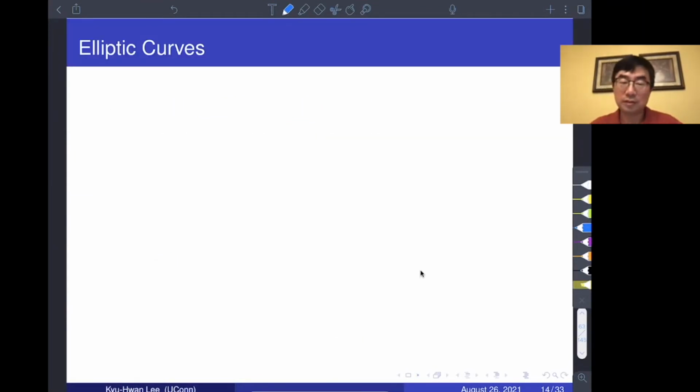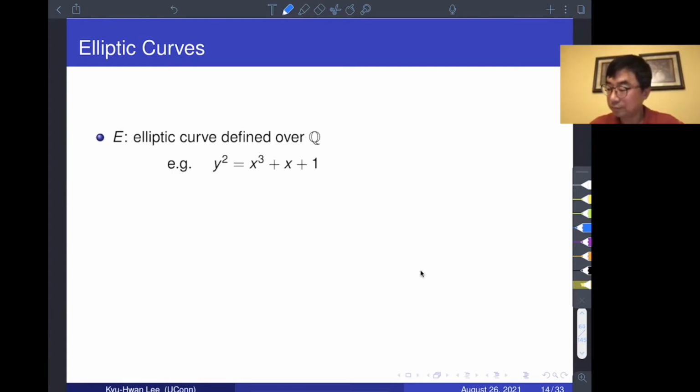So now let us consider elliptic curves. Let E be an elliptic curve defined over Q, and for example it is defined by this equation.